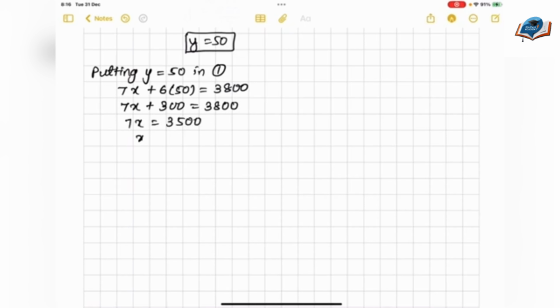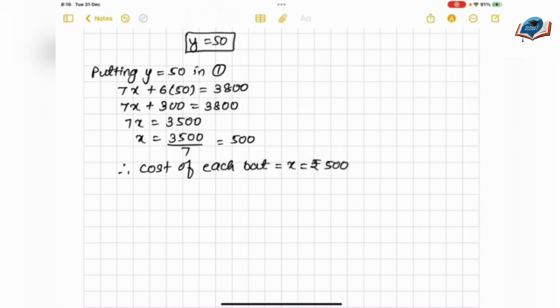So x equal to 3500 divided by 7. So that is 500. So therefore cost of each bat equal to x, which is equal to rupees 500, and cost of each ball equal to y equal to rupees 50.